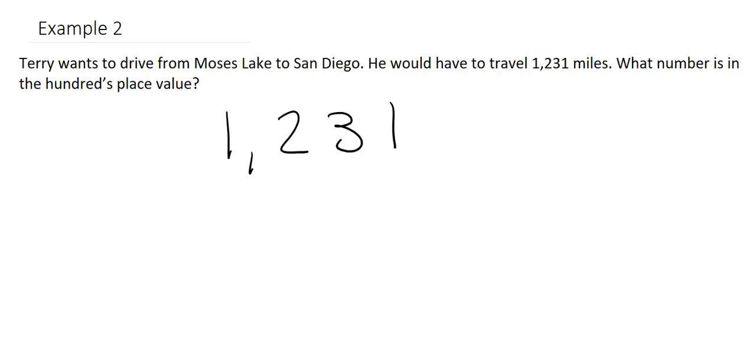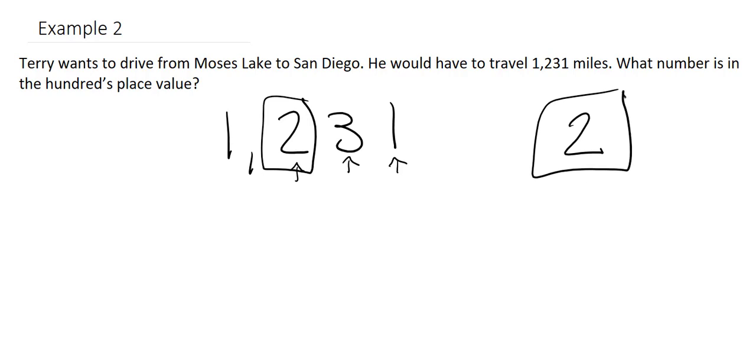The 1 is in the ones place value. Then the 3 is in our tens. We move to the left one more time, and we get to our hundreds. So the 2 is in the hundreds place value, so we could just put the 2.